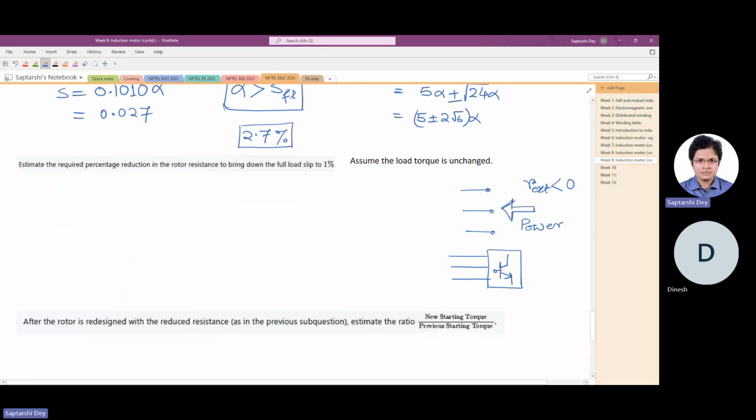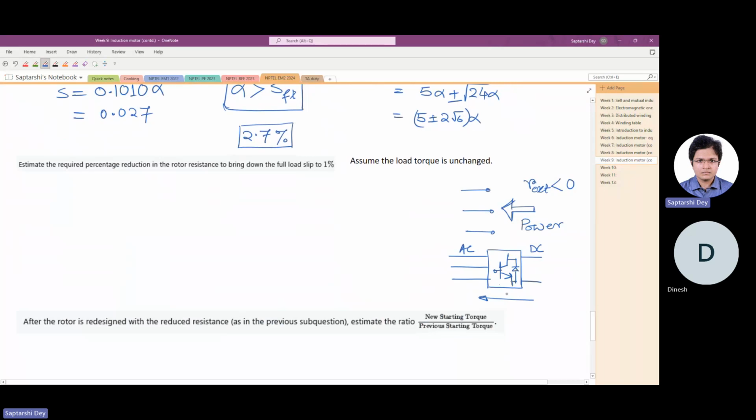Now this may look a little bit confusing, because this side is AC, another side is DC, and since we are sending power back, that's why I'm saying inverter.